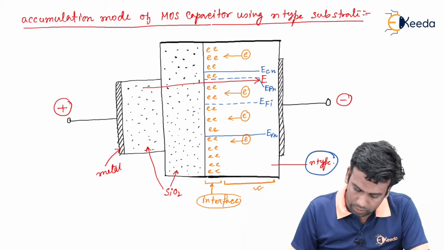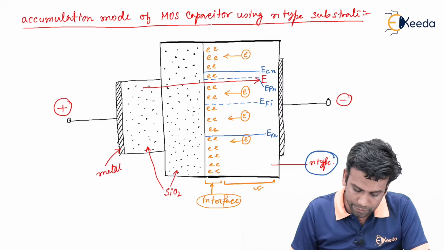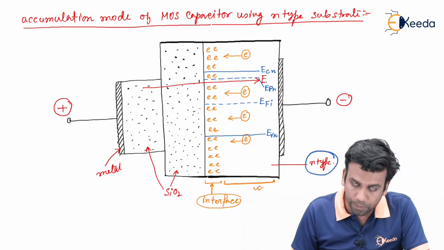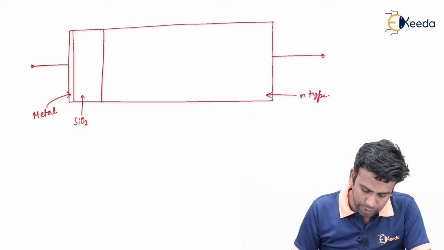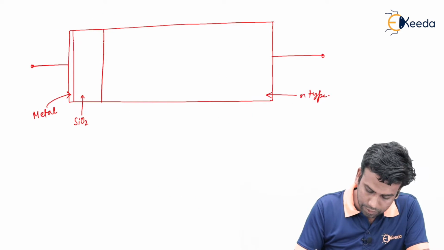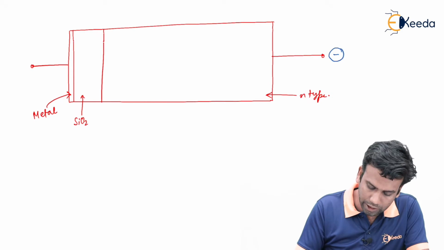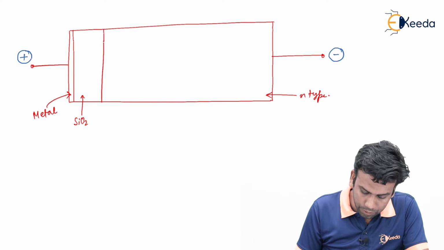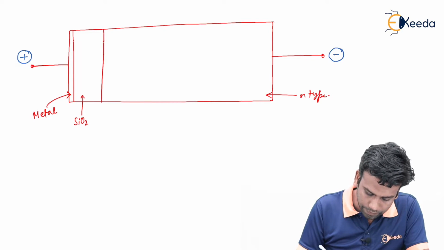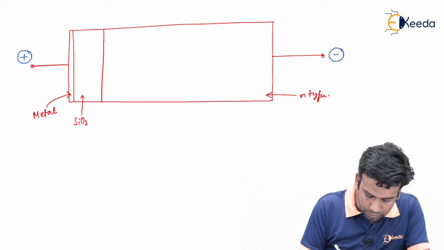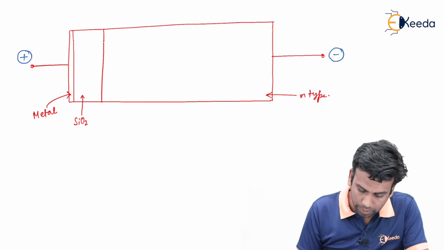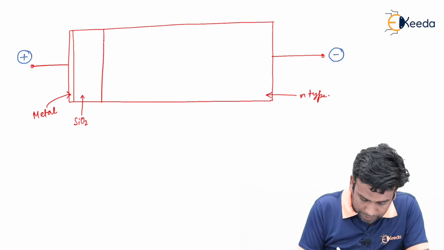So this will be the Fermi level before applying the external potential. Now let us draw the band diagram that has been changed due to the application of the external potential. We have applied a negative potential here and a positive potential here. Let us first draw the previous band diagram before the application of the external bias.